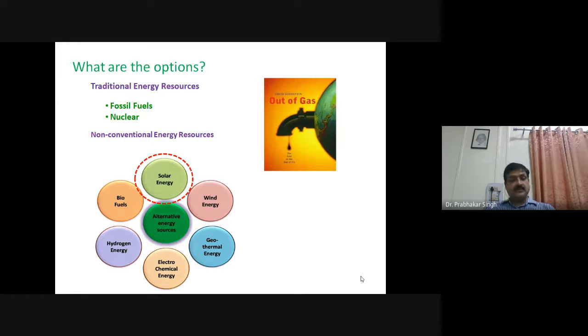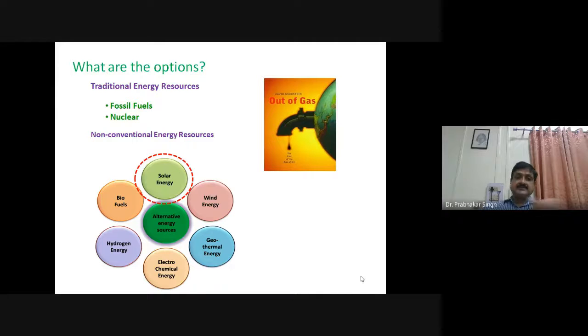In nuclear, you need a huge amount of money, huge security, a huge amount of land, and last but not least, you need very good safety, the nuclear waste, how you can dispose of it.